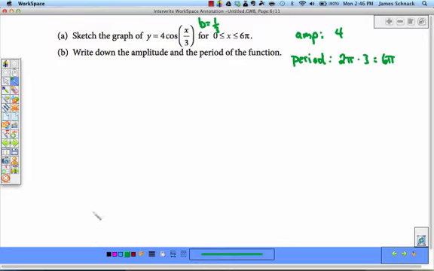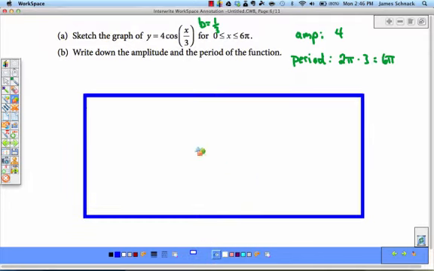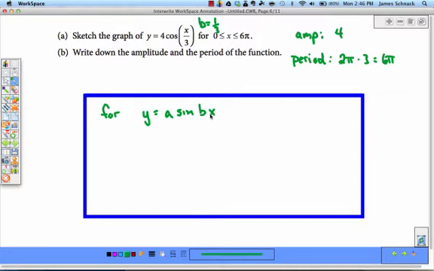So let's back this up. In general, let's generalize these things. For y equals a sine or cosine bx, the absolute value of a is amplitude.